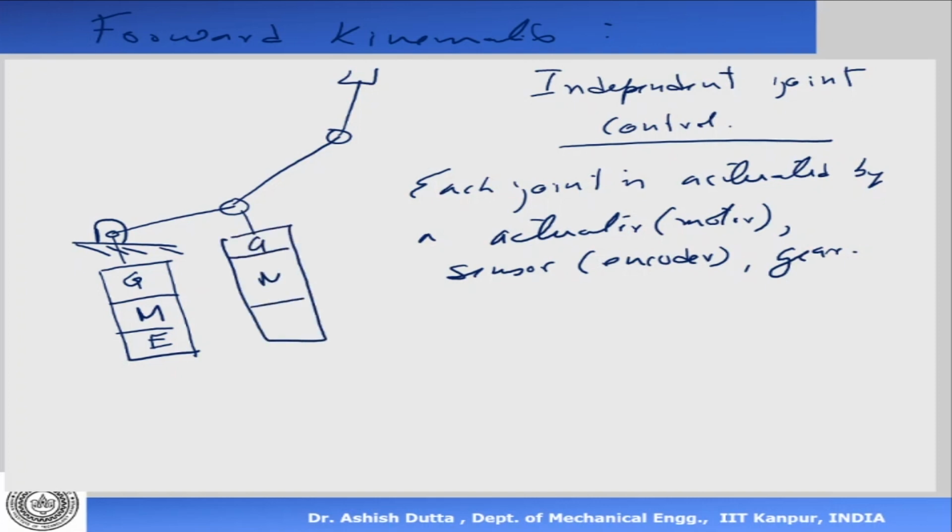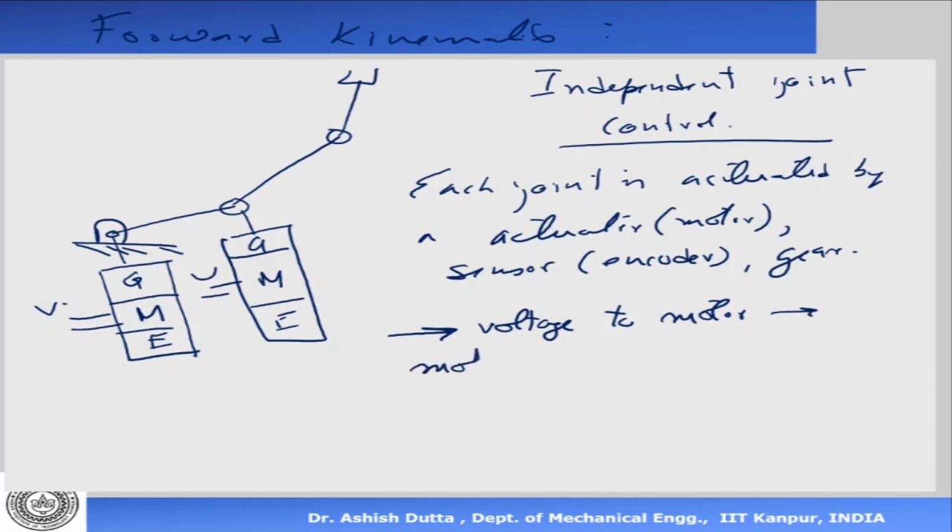Each of these joints will have a gear. Here there is a motor and there is an encoder at the back. How is the motor actuated? The motor is actuated by giving it some voltage input. When I give some voltage the motor rotates, and this rotation will cause a change in joint angle.